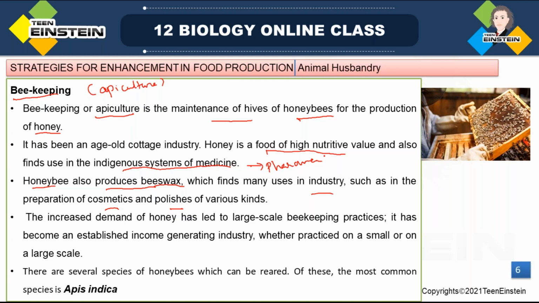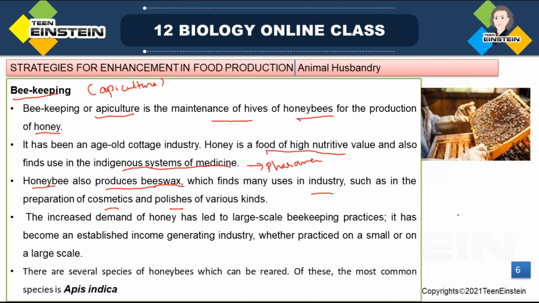This increased demand for honey made people start beekeeping as a business, and it became a main business.